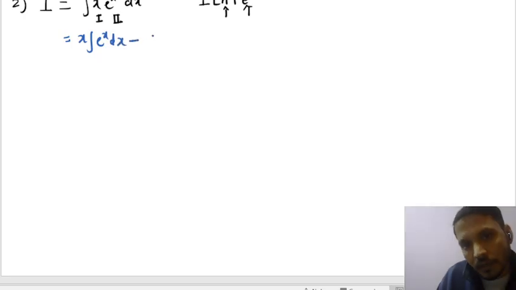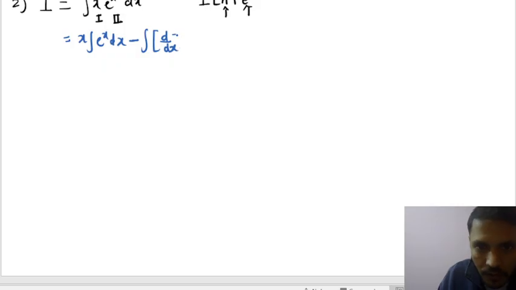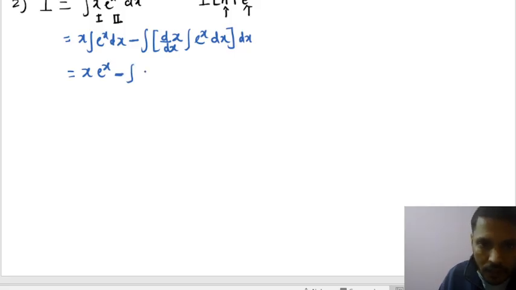Then minus integration of the derivative of the first function, that means d/dx of x, and then integration of the second function, e to the power x into dx. Now bracket close and dx. So we get x into e to the power x minus integration, x derivative is 1, and the integration of e to the power x is e to the power x, and dx as it is.